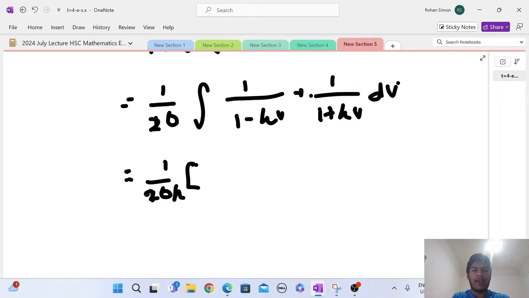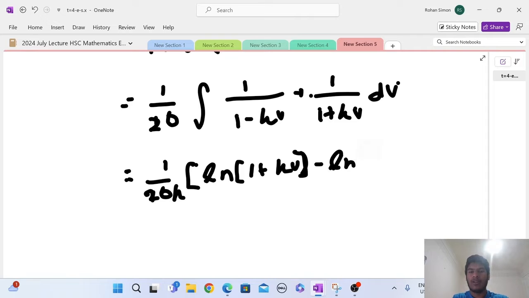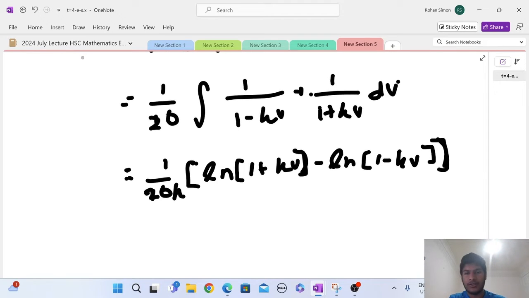And we can pull out the k when we integrate them, so we get ln(1 + kv) minus ln(1 - kv), just by using integrals, and then we just reshuffled them, so we put the positive at the front, negative at the bottom, negative on the other side.